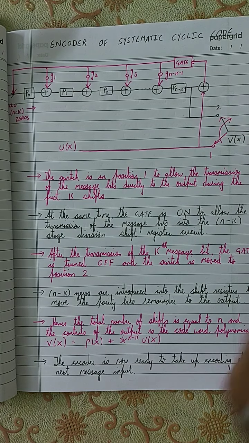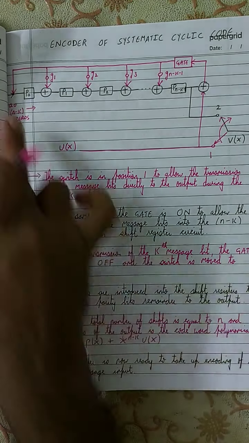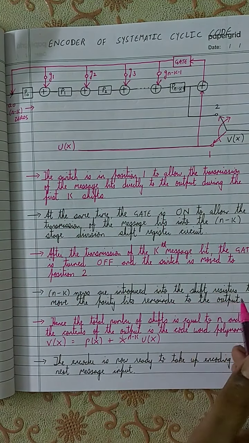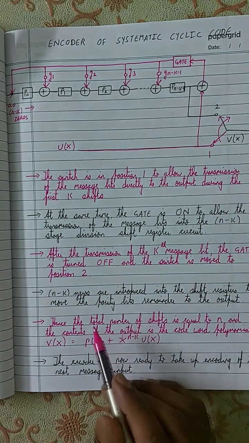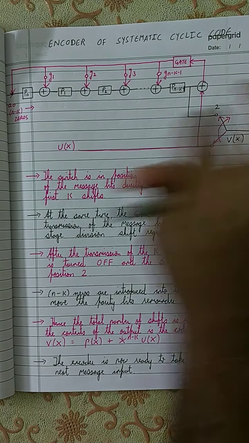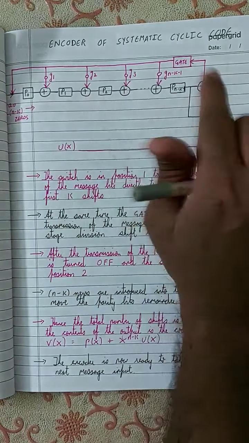Okay, so n-k zeros are introduced into the shift register. Zeros will be introduced into the shift register to move the parity bits, that is these remainder values, to the output. So when the switch is in position 2, this will become a simple shifting operation, and all the values of the parity will be shifted.